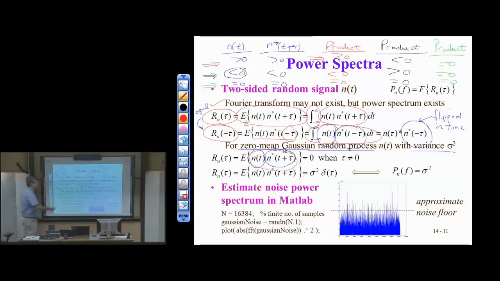So this product is equally likely to be negative as it is positive. And I have some probability to be 0, infinitesimal perhaps. But so the expected value of this product, when tau is not 0, is 0. The average value is 0 when tau is not 0.